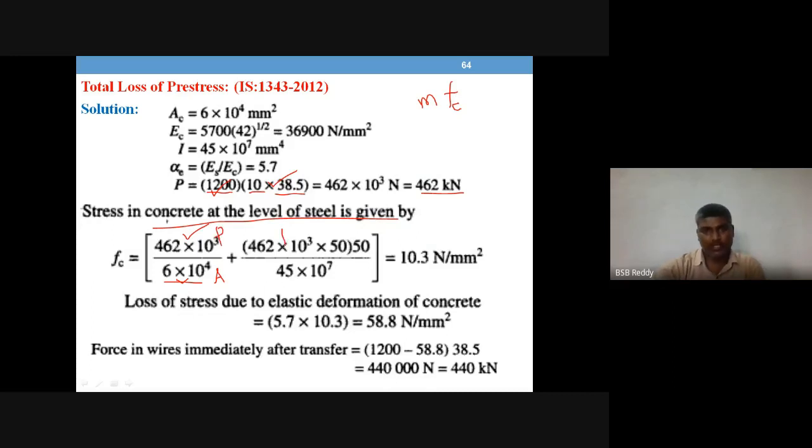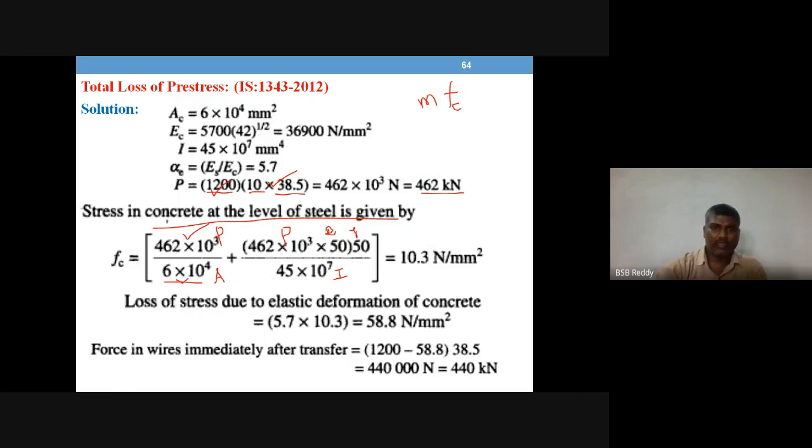Now P into e, eccentricity, and Y value, level of steel, by I. Okay, I is again BH cubed by 12, which I need not tell you.